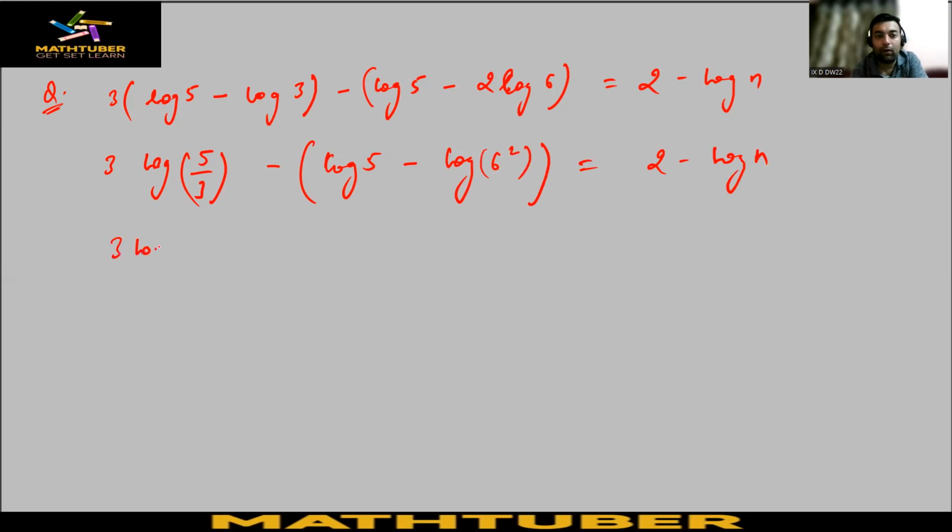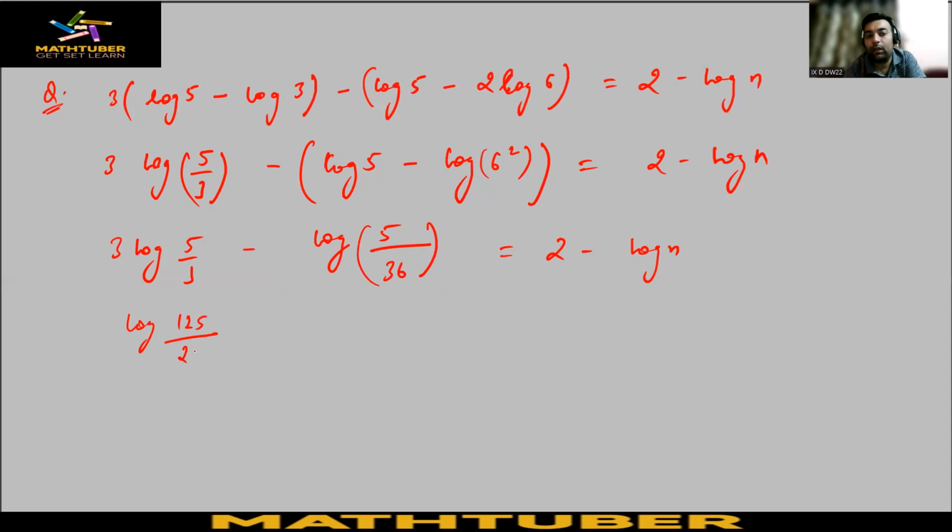So this will be log of 5 by 3 minus log of 5 upon 6 square, which is 36, equal to 2 minus log of n. And if we take this 3 to the power of 5 by 3, it will become 125 upon 27, minus log of 5 upon 36, is equal to 2 minus log of n.